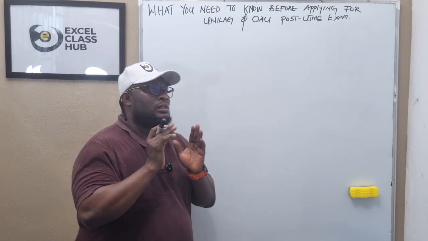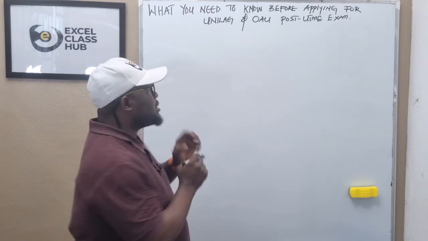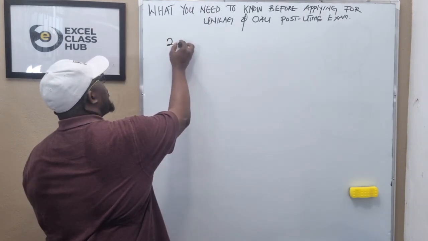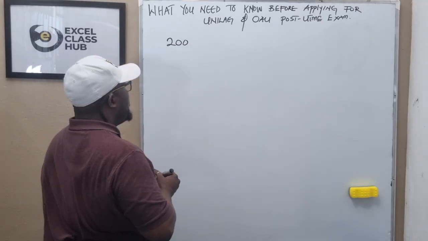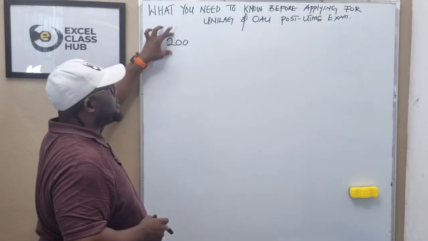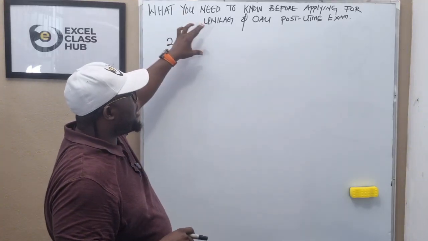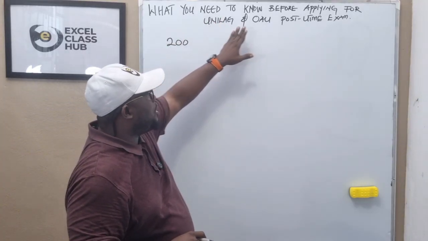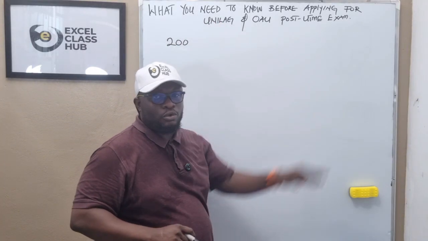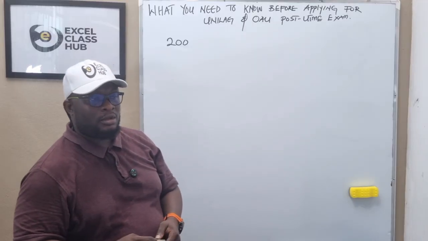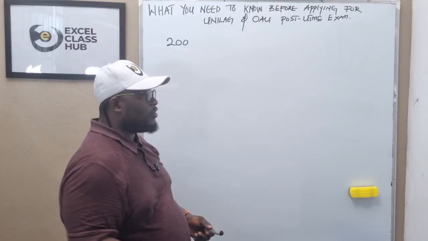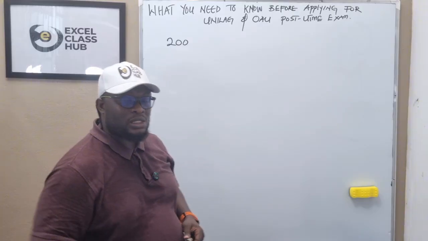Now, the second note is that once you score 200, this 200 score in your JAMB qualifies you to apply for the Unilag or OAU Post-UTME exam. You might be hearing that the JAMB cutoff mark for university is 150, 160.